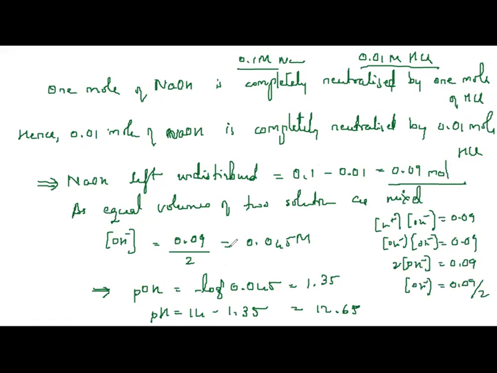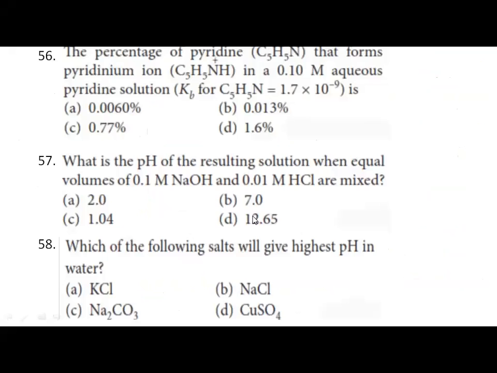Find the pOH, negative log of the OH minus ion concentration. The answer comes out to 1.35. And pH will be 14 minus 1.35, which is nothing but 12.65. So the correct option is 12.65, answer D. Option D is the correct answer.